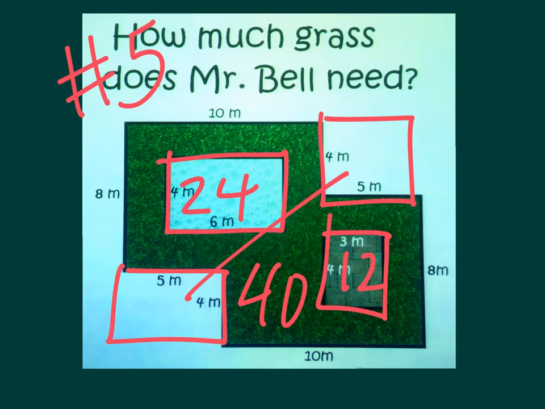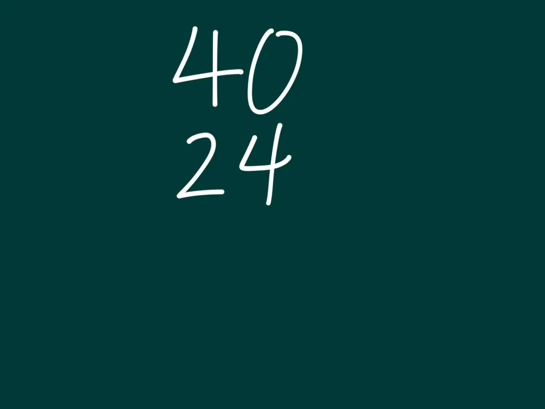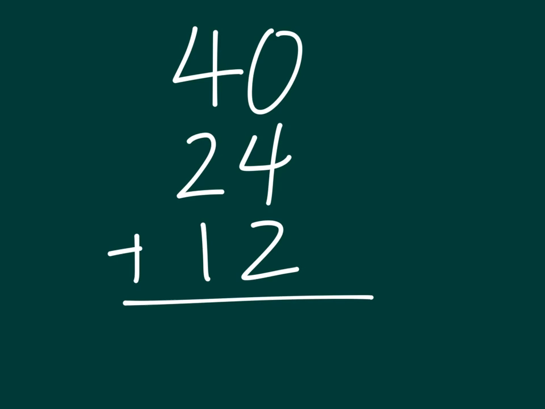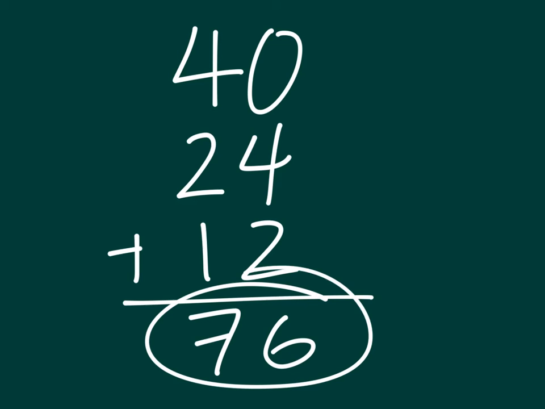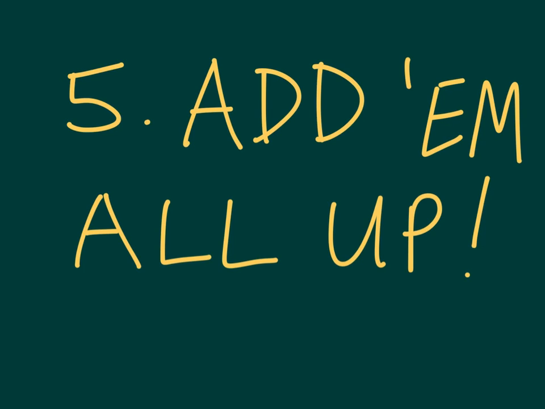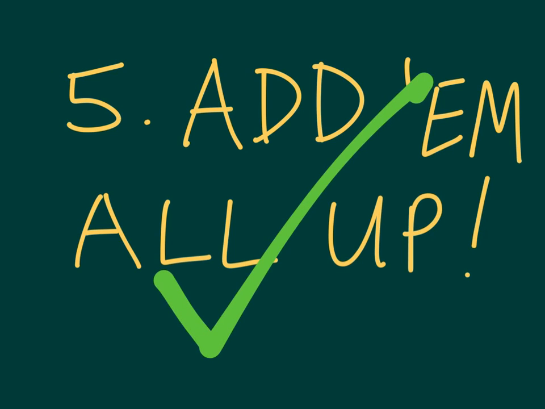Let's add them all up. So we had 40 plus 24 plus 12. Here we go. 0 plus 4 plus 2 is 6. 4 plus 2 plus 1 is 7, for a total of 76. Okay, so we've just done step 5, which is add them all up.